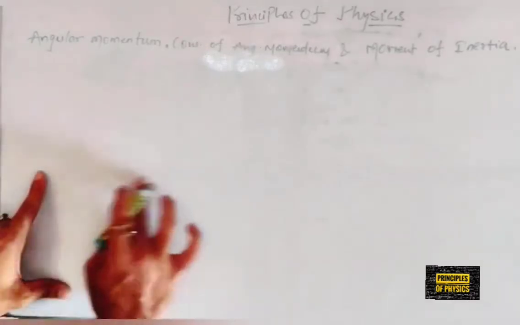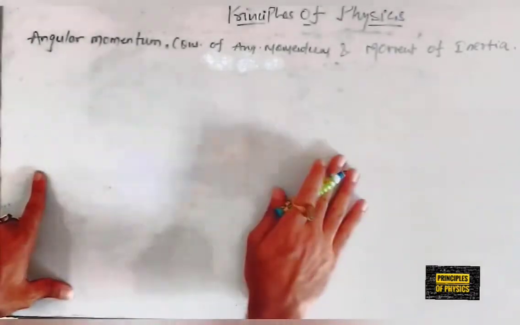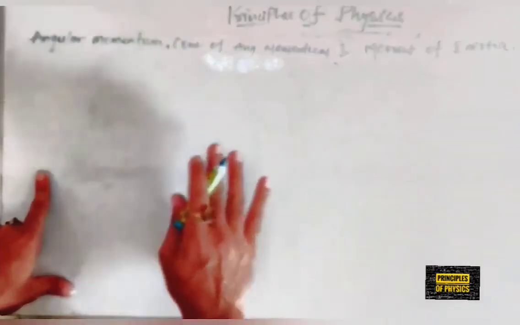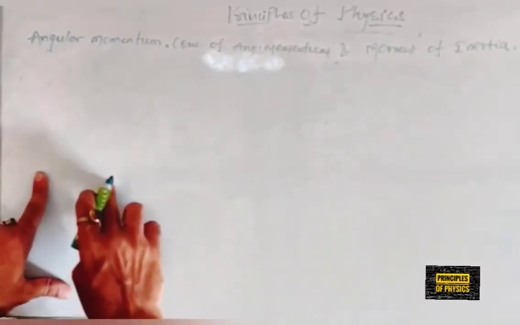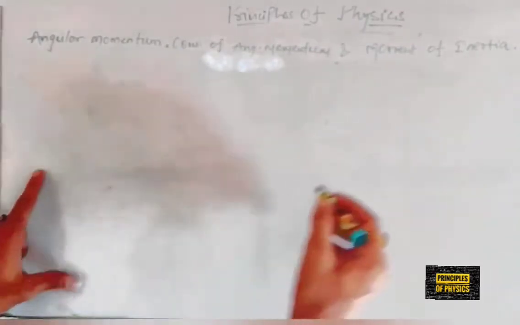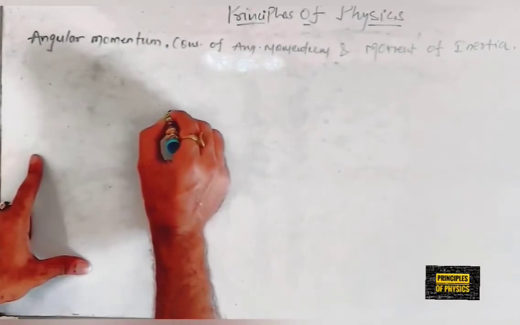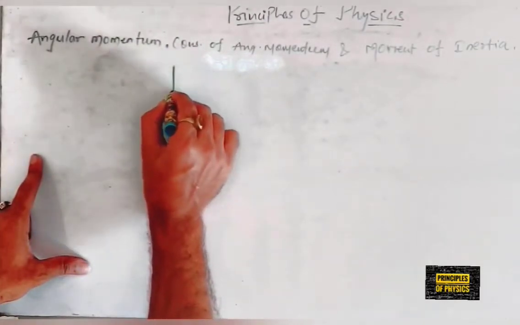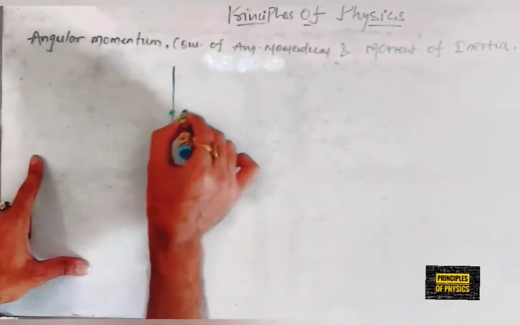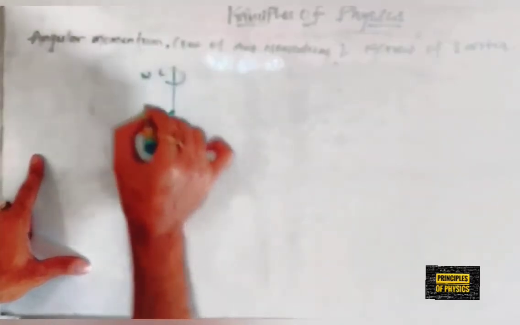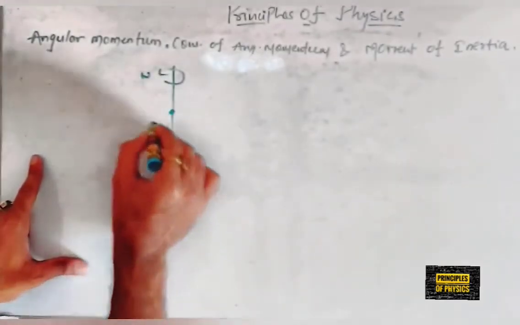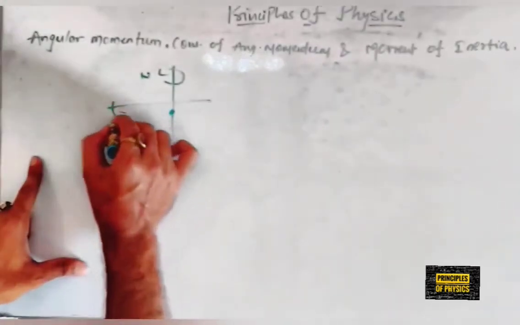Now we will study the case in which, irrespective of the reference point, the angular momentum remains constant. I have said that the reference point should be at the center of mass, with the body rotating about an axis through the center of mass and perpendicular to the plane of that body.